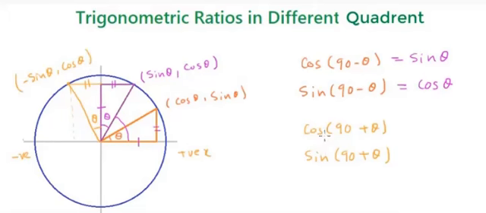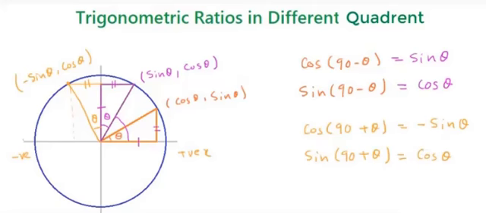So that is why cos 90 plus theta is equal to minus sine theta, because it represents the x-axis, and from this point onwards on the left hand side the x-axis is negative, so this will be minus sine theta, and sine 90 plus theta, that is the y coordinate of this point, is equal to cos theta.